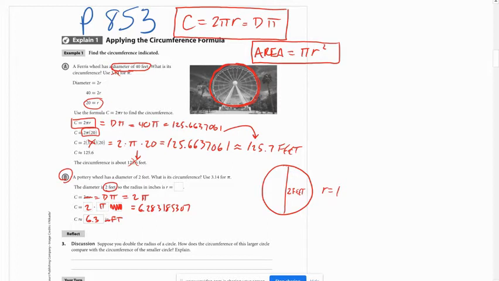If they want the answer in inches, then we would multiply by 12, because we know that 1 foot is the same as 12 inches. And so then the feet cancel.